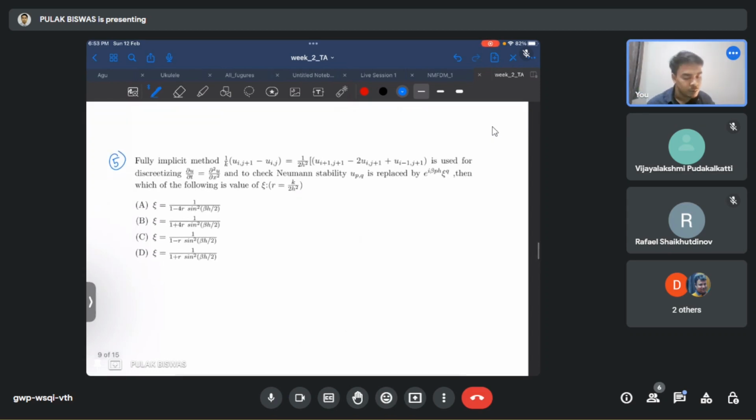How to solve this one? Implicit method, this one is the scheme already given for the same equation, and the von Neumann stability criteria we have to apply.